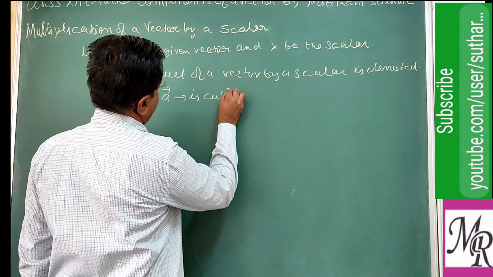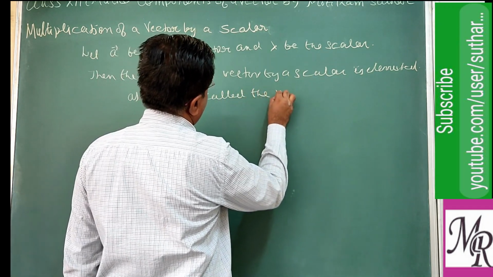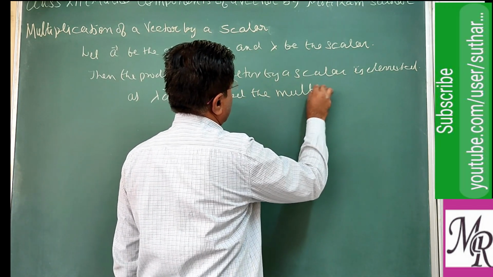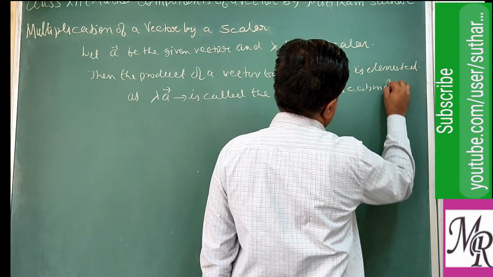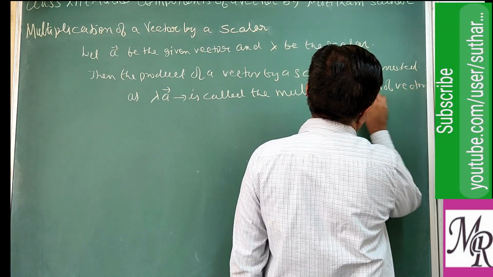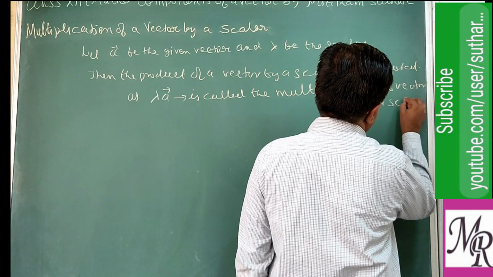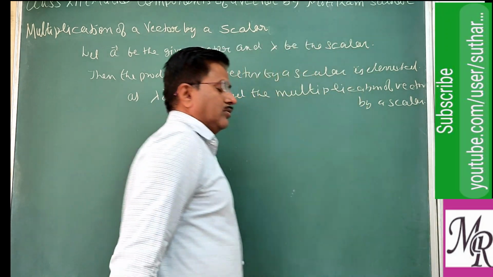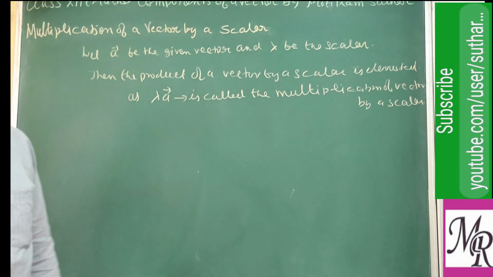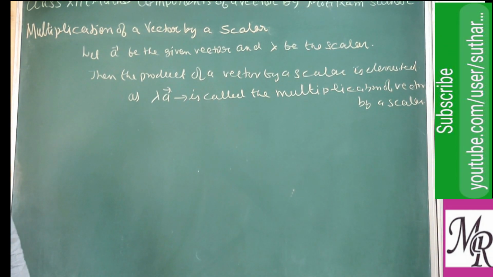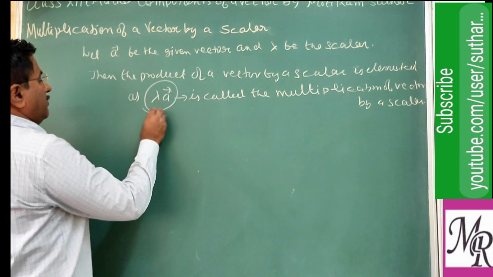It is called the multiplication of a vector by a scalar. Simply, the magnitude is multiplied: we multiply the scalar lambda with the vector A. Here this quantity is also a vector.